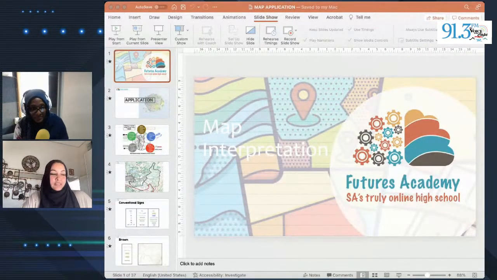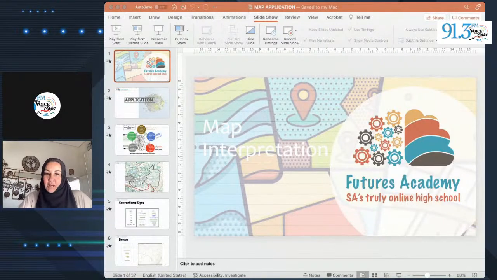Okay. All right. So today we are speaking about application, and I feel that this is the one section that we score the lowest marks in, especially in our map work part of our paper. Although the map work part of the paper is only divided up into 30 marks, what is the major problem is the application.